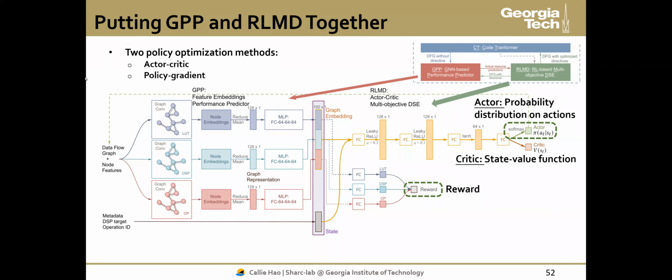Also, the last question is, I remember you mentioned that you think the policy gradient is better than the actor-critic algorithm. So what kind of policy gradient algorithm do you use? Is it vanilla policy gradient or some advanced one like PPO?